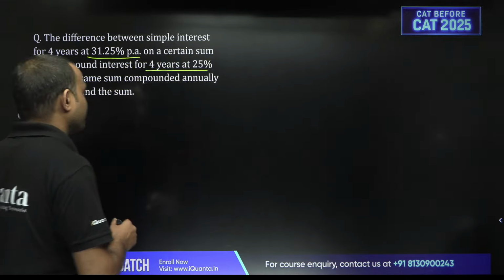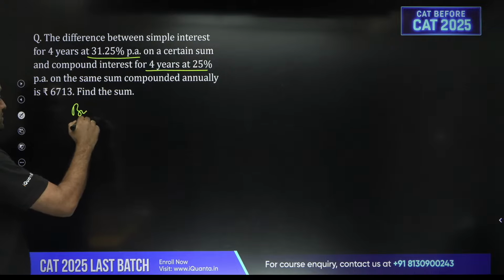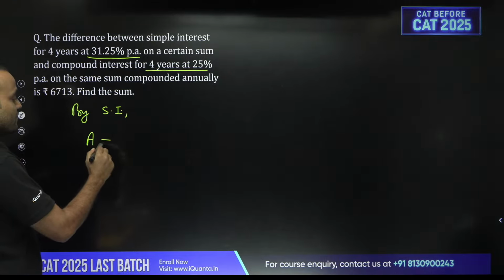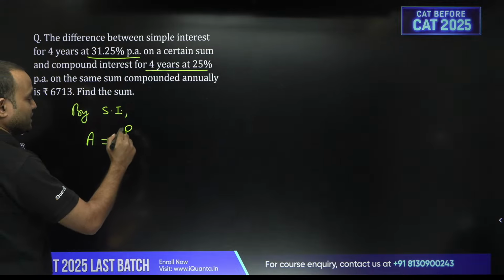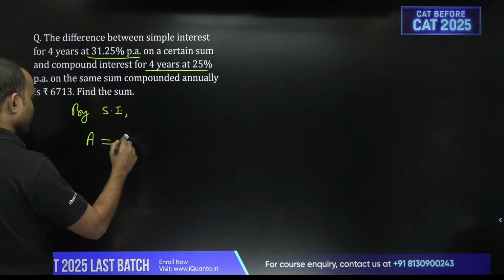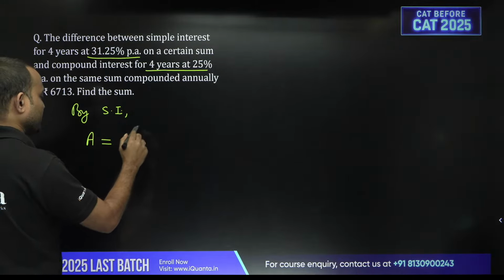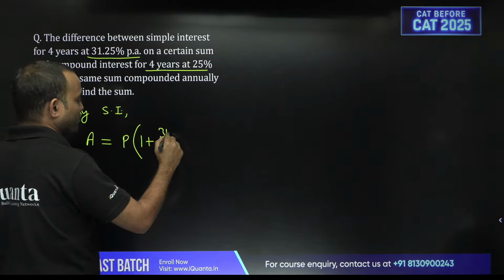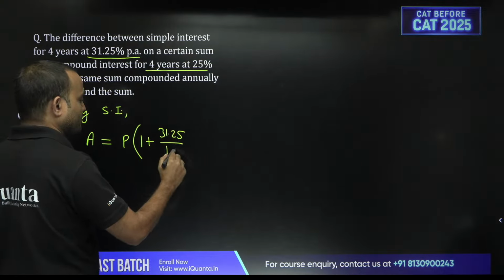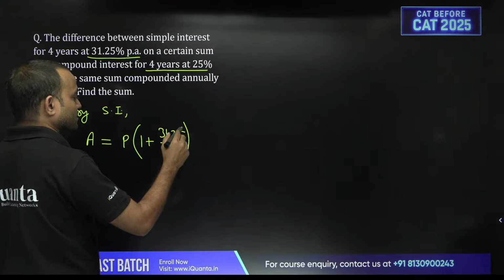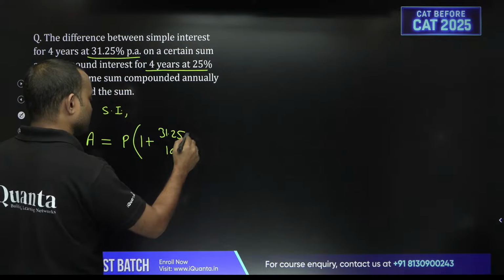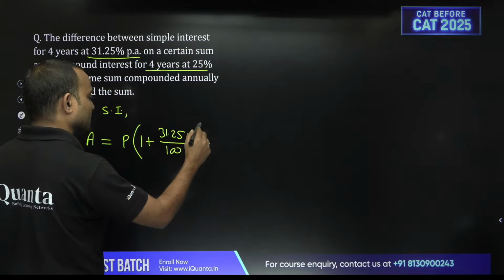What we can say? By simple interest, the amount A will be equal to principal P into 1 plus 31.25 into 4 upon 100.